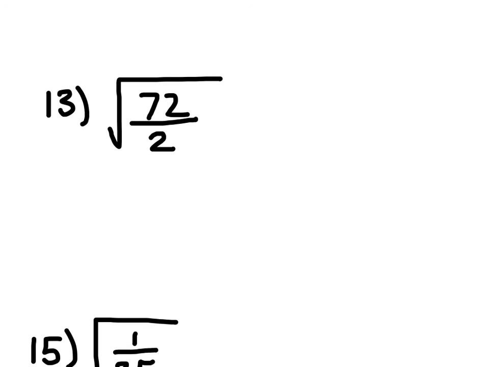Alright, let's look at 13. Since we have a fraction inside the square root, we can say that we have square root 72 over square root 2. So we're just making this two separate problems. How can we break down square root 72?